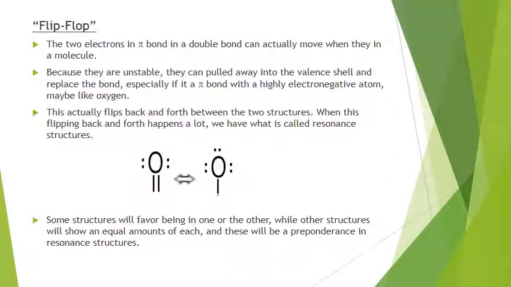Another thing I want to go over is that the two electrons in a pi bond in a double bond can actually move when they are in a molecule. Because they are unstable, they can be pulled away into the valence shell and replace bonds. Especially if it's a pi bond with a highly electronegative atom like oxygen.